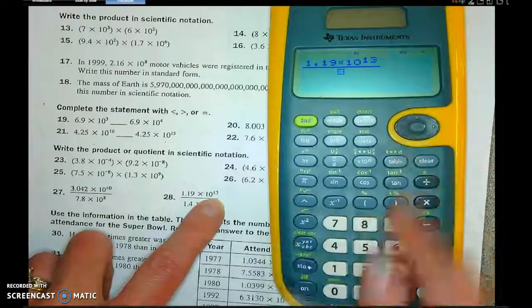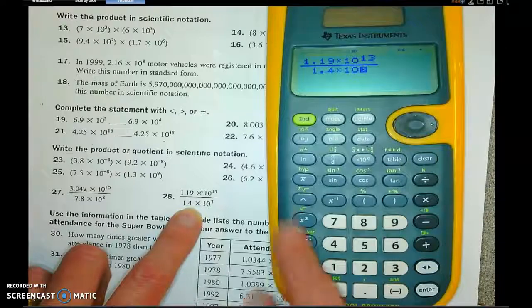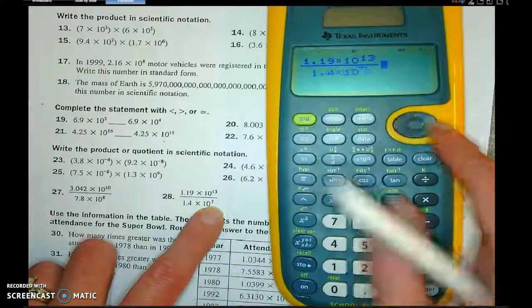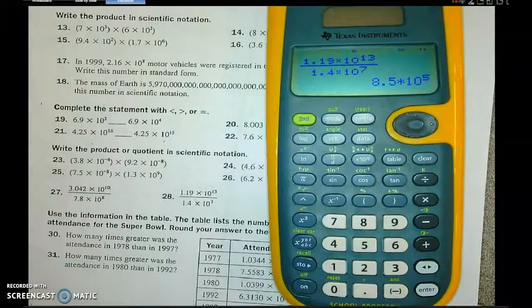Okay, one arrow down, 1.4 times 10 to the 7th. Okay, enter. And that lets me know that this answer is 8.5 times 10 to the 5th. Okay, so division, use the N over D button and then just carefully enter in your numbers into your calculator to divide.